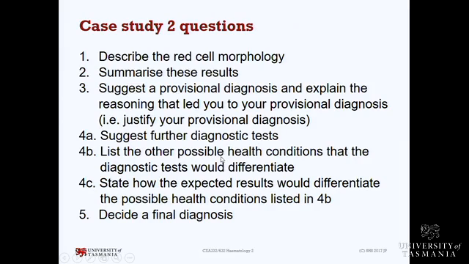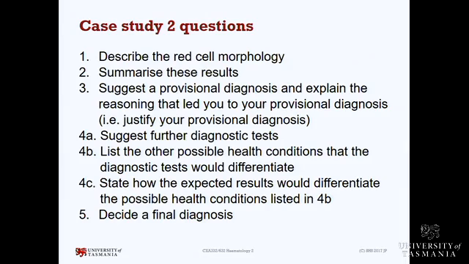So provisional diagnosis is based on your FBE results. Further diagnostic tests, the first thing I'll be doing there is iron studies. So what other possible health conditions can give us a microcytic hypochromic blood picture? We've got iron deficiency anemia, sideroblastic anemia, chronic inflammation, that beautiful Greek word, thalassemia.